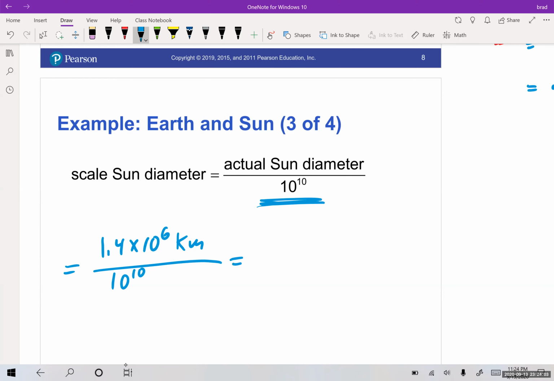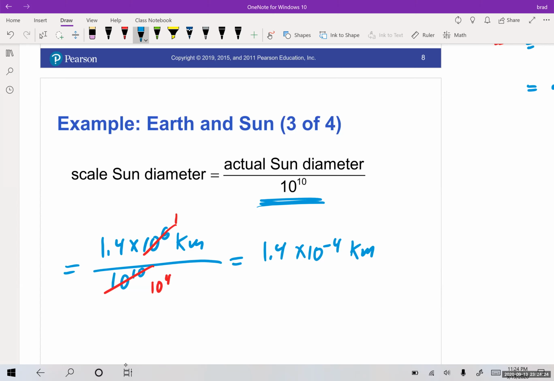This will actually work pretty good for us. This will cancel, and we're left with 10 to the 4th in the denominator, so 1.4 times 10 to the negative 4 kilometers.